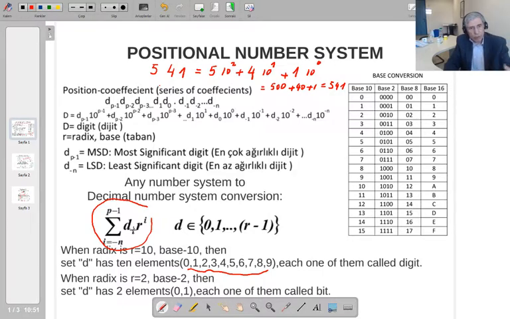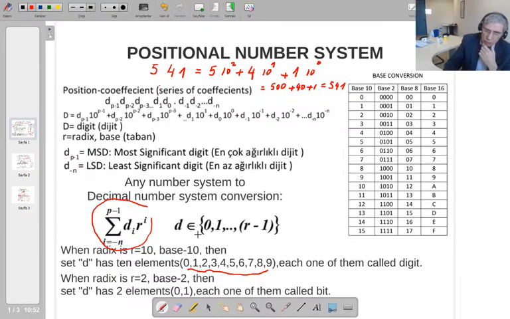So this formula is true for all bases. That means in any base, that means in any radix, with the symbols in that radix, you can write a decimal number. So you can transfer this radix number to decimal number.